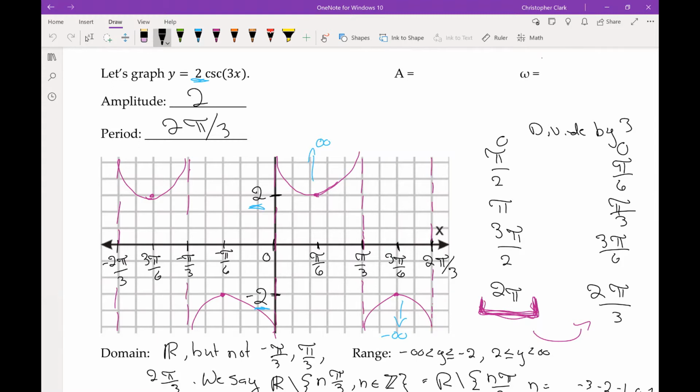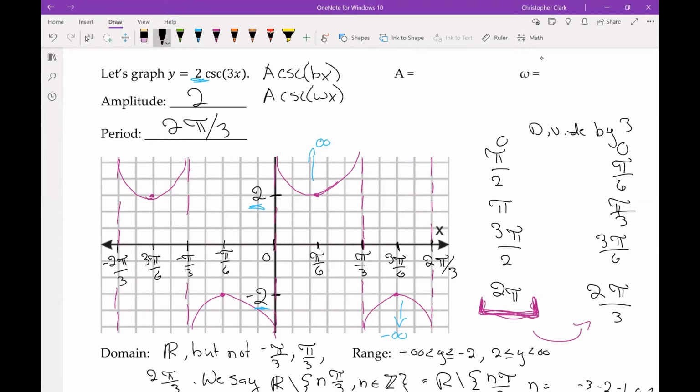I originally thought of omega as the period, but the way that your book actually uses omega is the same way that we used b in the last worksheet. So the idea is that this is the equation a cosecant of bx. This is how it would have appeared on your last one, but now it's appearing as omega x.